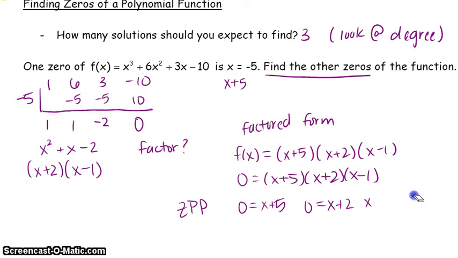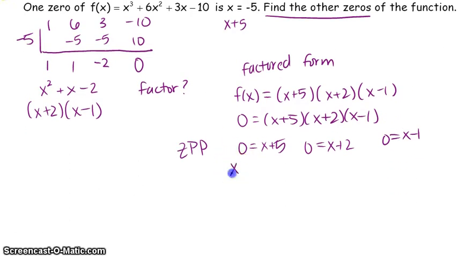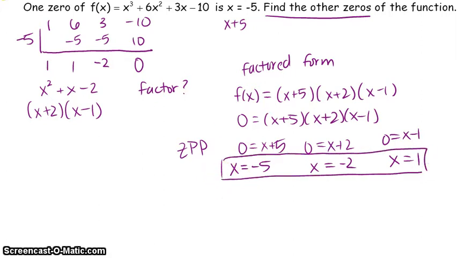So I'm going to rewrite that. All we're doing is solving for x. So we'll get x equals negative 5, x equals negative 2, and x equals 1. These are our zeros of our polynomial.